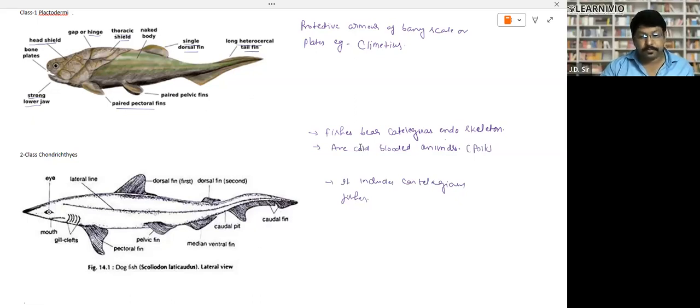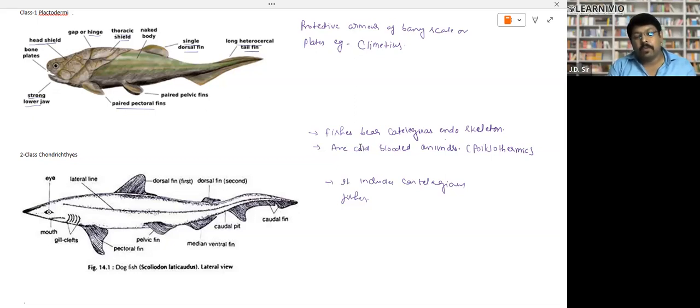Cold-blooded animals change their blood temperature as per environment. If the external environment is warm, their blood becomes warm. If it is cold, their blood becomes cold. That's why fishes die easily due to temperature difference. Is it clear? Please note it down.